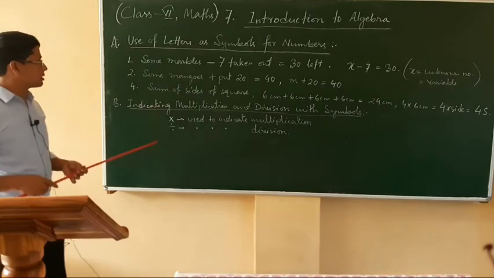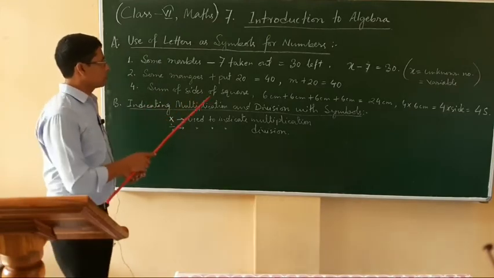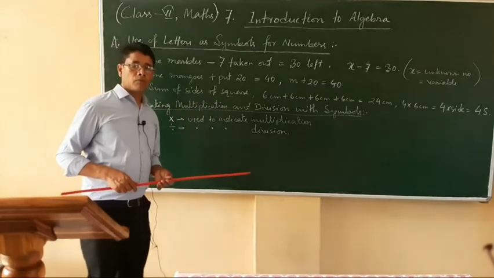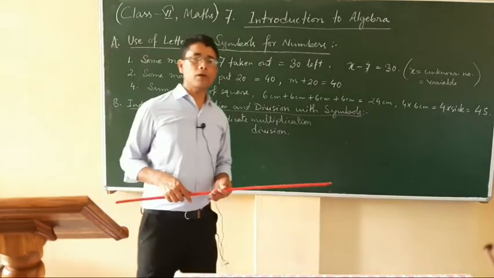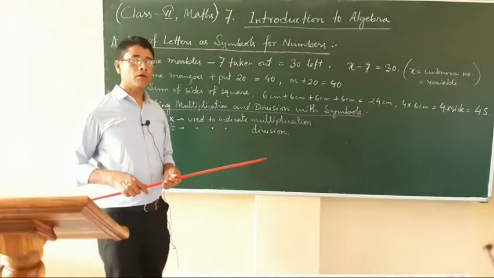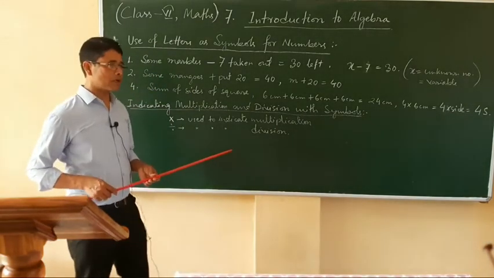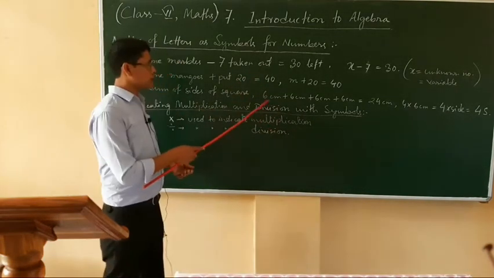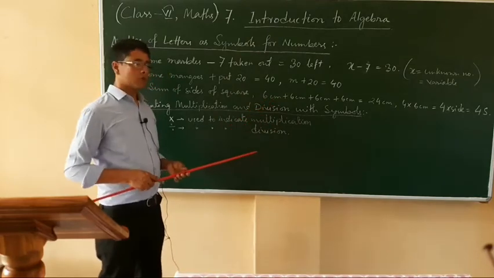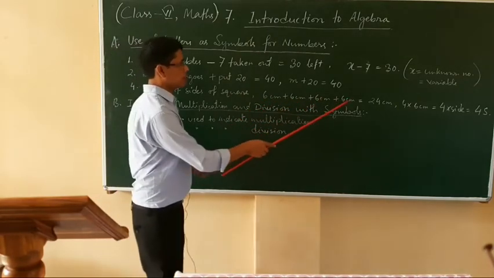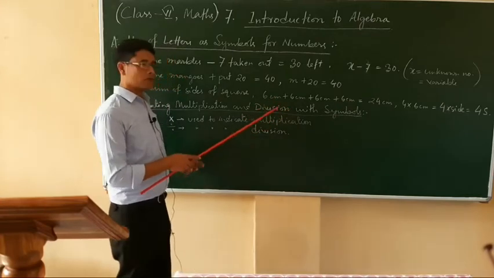Then fourth example is sum of sides of square. Now square is a plane figure, square having all the sides same. Suppose as for example, if one side of a square is 6 centimeter, all the sides will have the same measurement. That means 4 sides.